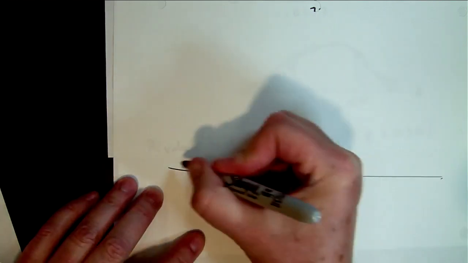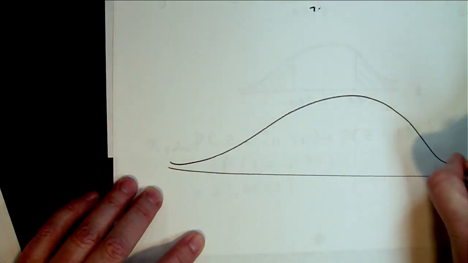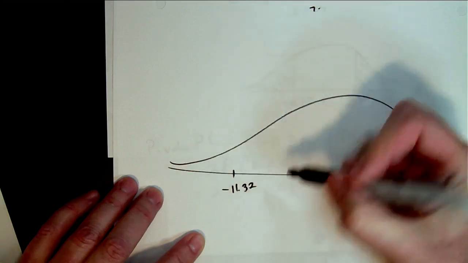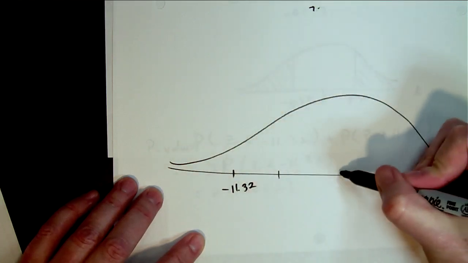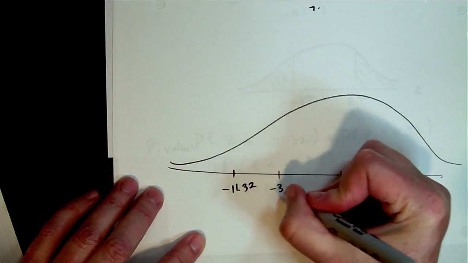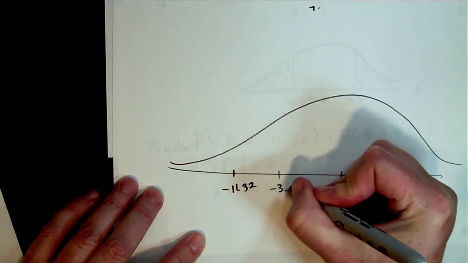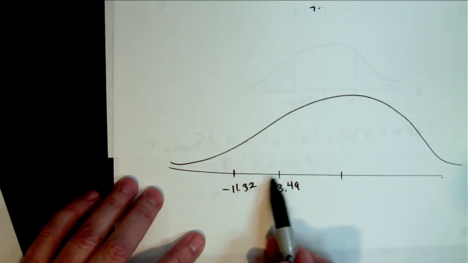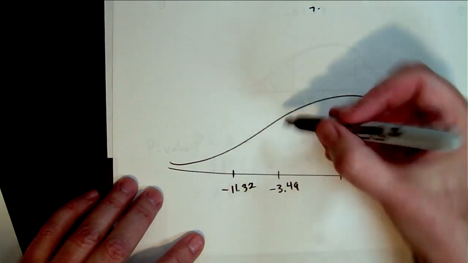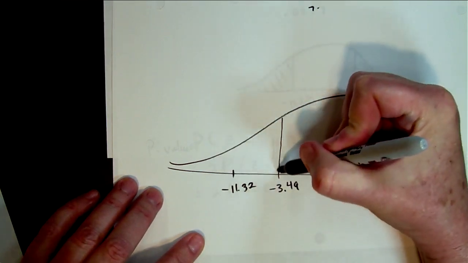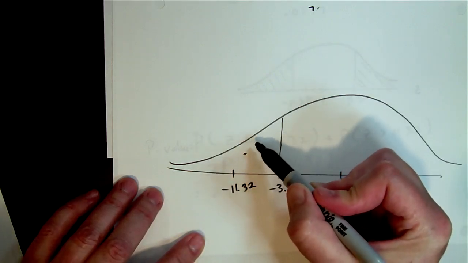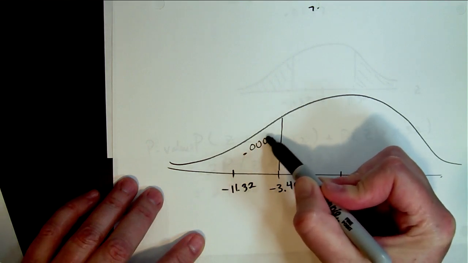Let me try to convince you of that, just in case you're not already. Let me make a bigger picture here. I want the area to the left of negative 11.32. The table won't give it to me. What the table will give me is the area to the left of negative 3.49, the leftmost z-value that the table will give me, and the total area to the left of that is 0.0002.